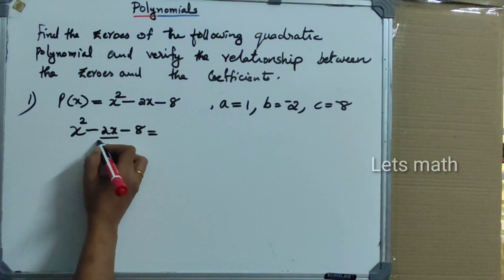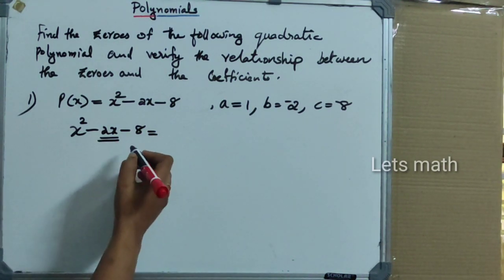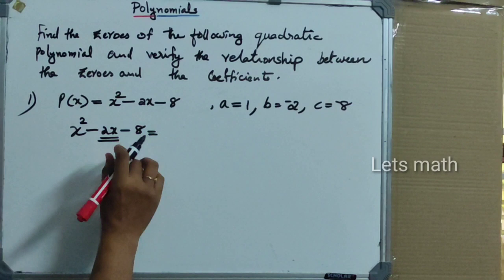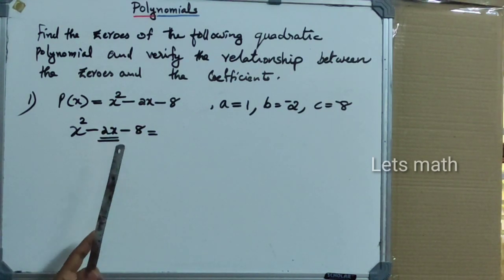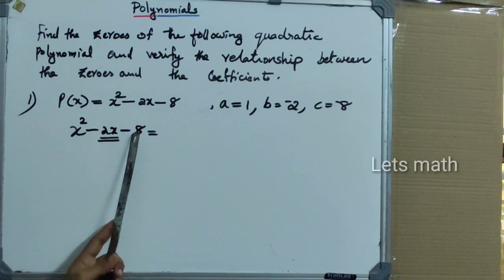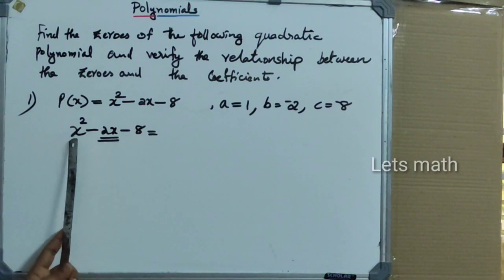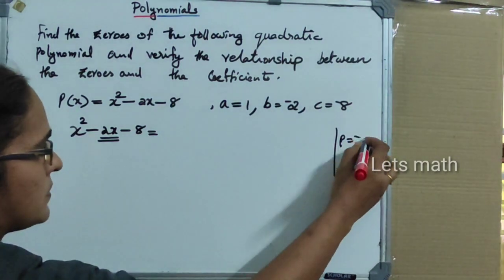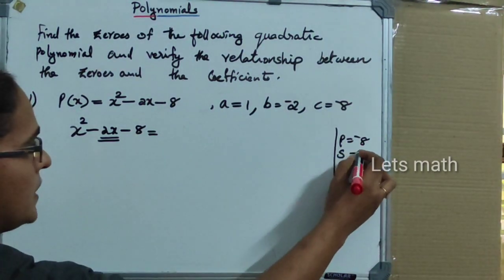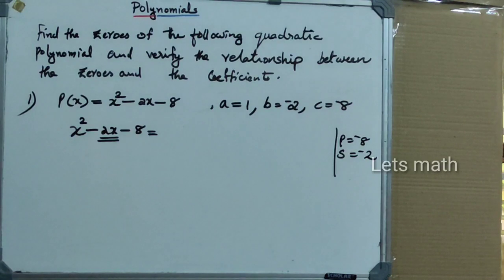We have to split the middle term. We have to think of two numbers whose product is the product of a and c, that is 1 into minus 8, minus 8, and whose sum is minus 2.